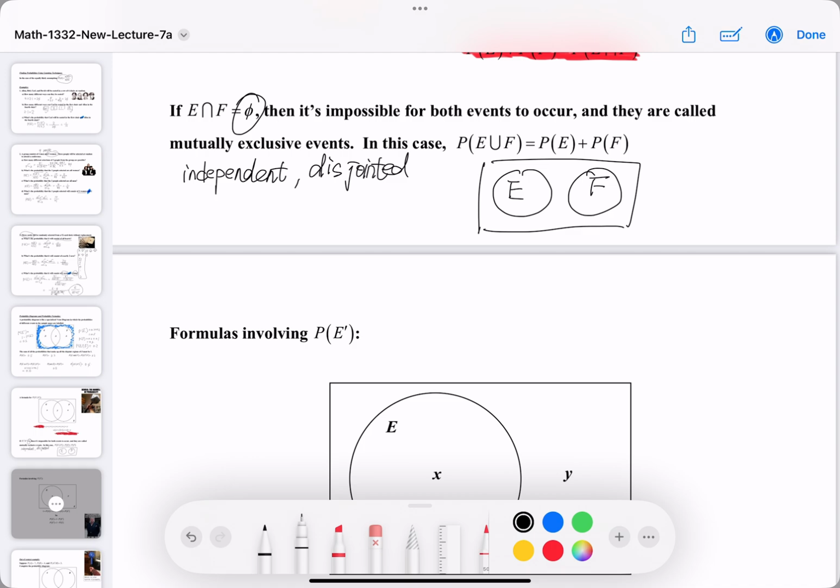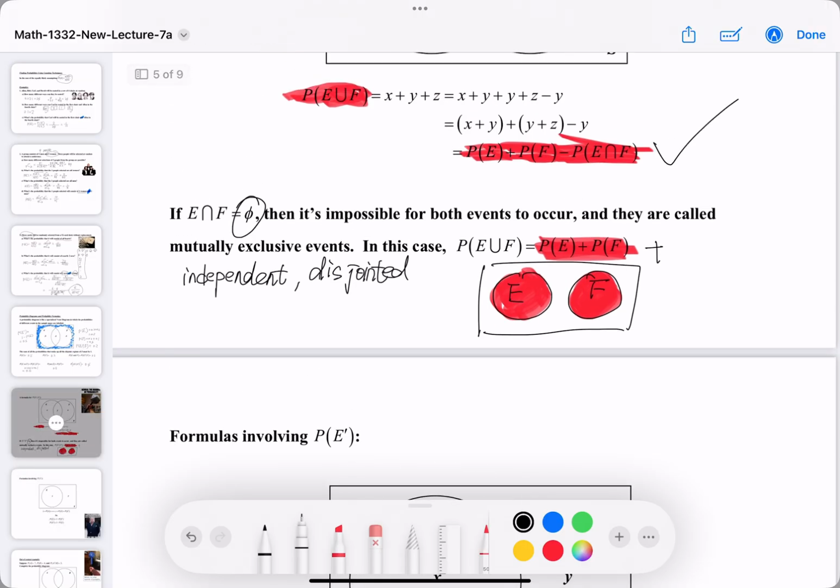That means E or F, or means add. E or F, we add two probabilities together because there is no intersection. In the previous example we learned a formula. This part, P of E and F, is 0 because there is no probability that these two events overlap or intercept each other. Okay, this part is 0, so I'm going to erase it. And also the intersection is the empty set.